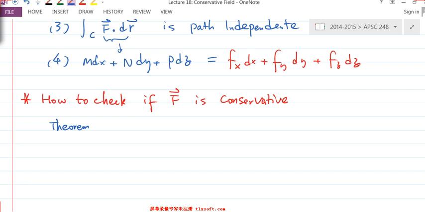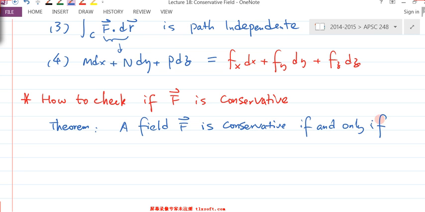This theorem says a field f is conservative if and only if del cross f equals 0. So that's a theorem.